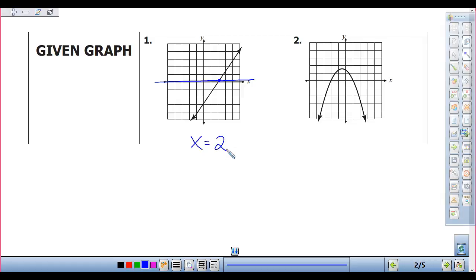Okay, how many places does it cross in number 2? 2 places, so I'm going to have 2 answers. x equals -2 and x equals what?